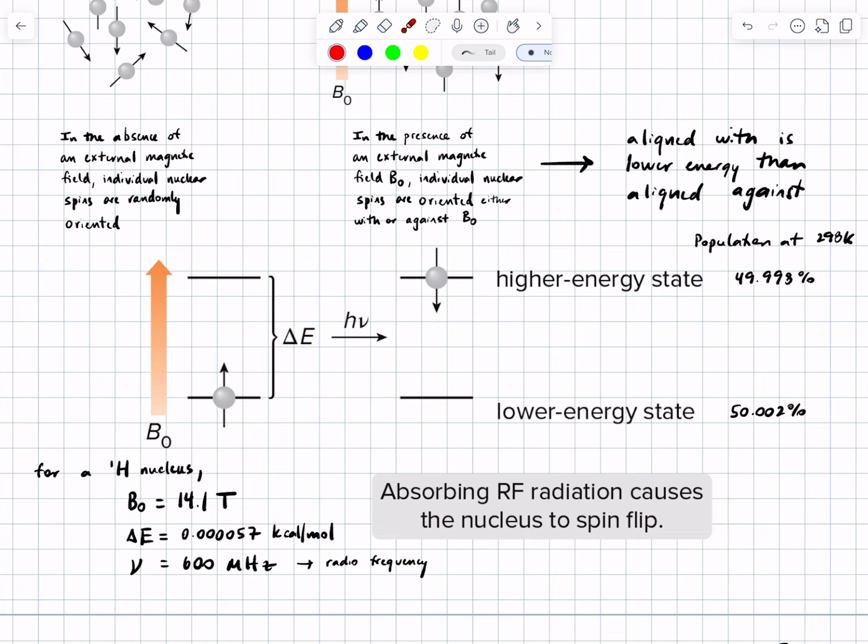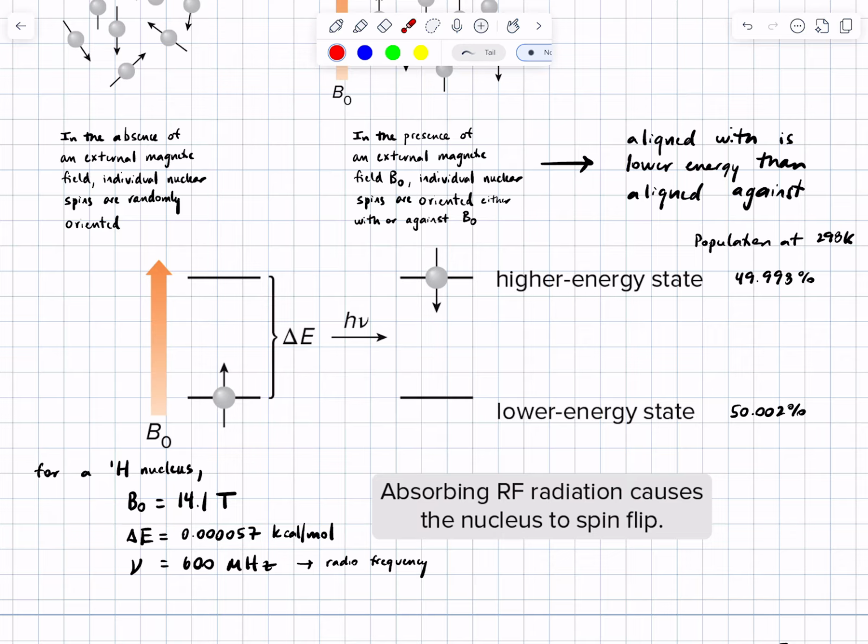That 50-50 mixture of aligned with versus against is not important right now, hugely important next time. So just put a pin in that and remember that in general, in a magnetic field, about half of the protons are going to be aligned with and about half are going to be aligned against.